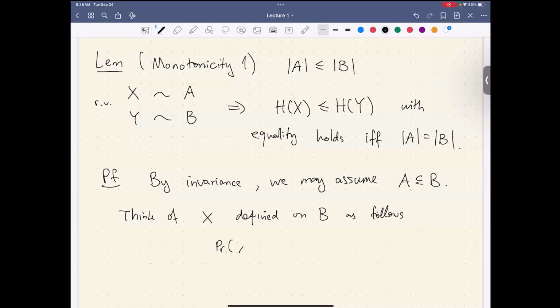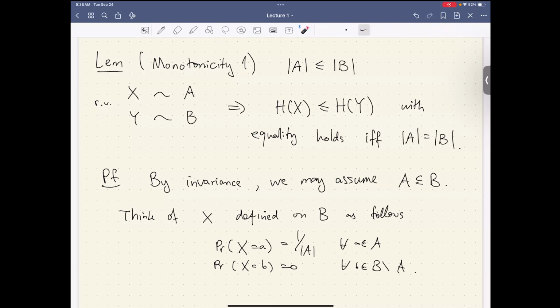The probability of X equals a is 1 over |A| for every a in A, and the probability of X equals b is 0 for any b in B minus A. Right? This is what it means for X to be uniformly distributed on A. We think of it as defined on B just so that outside A it takes probability 0.